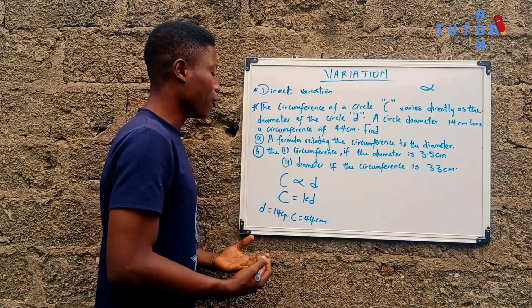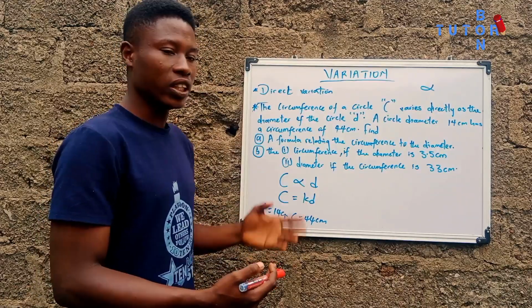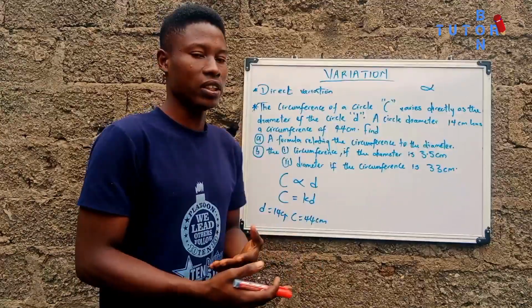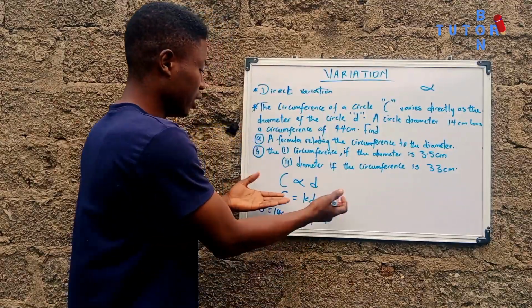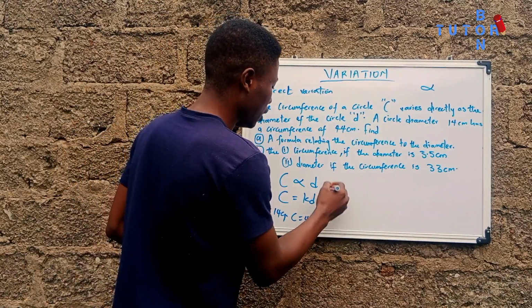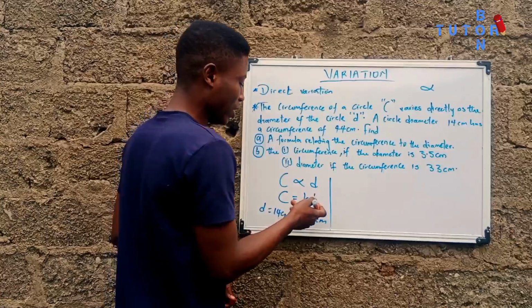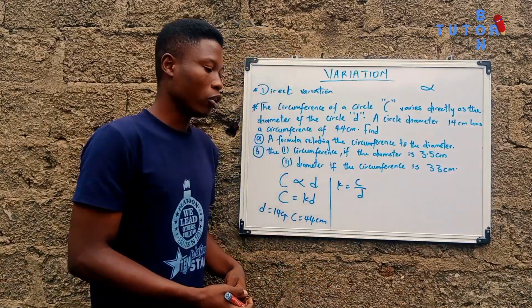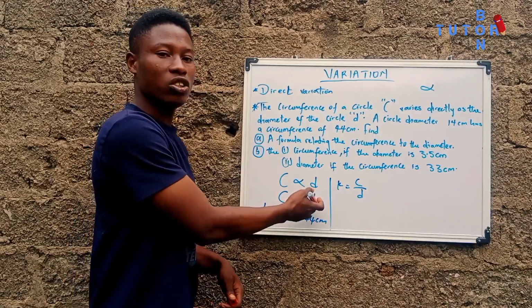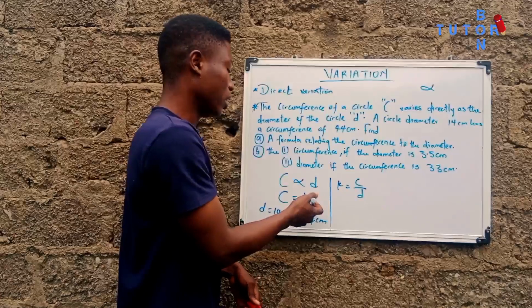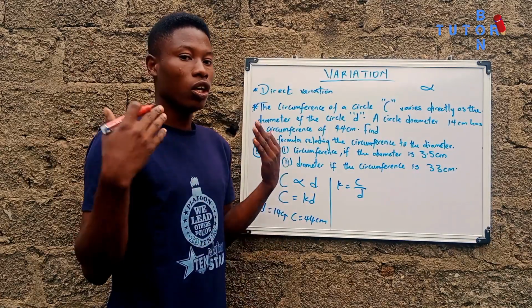Now what you have to do is to make your constant subject of the formula in this equation. You divide both sides by D to eliminate D from this side and transfer it to the other side, so that you're left with K, your constant.